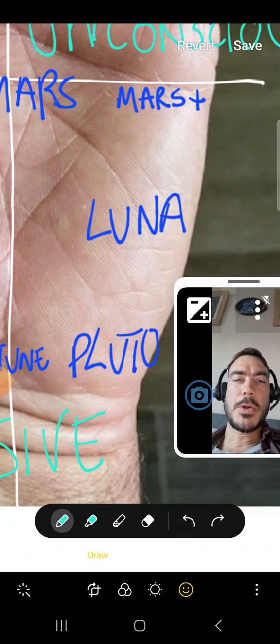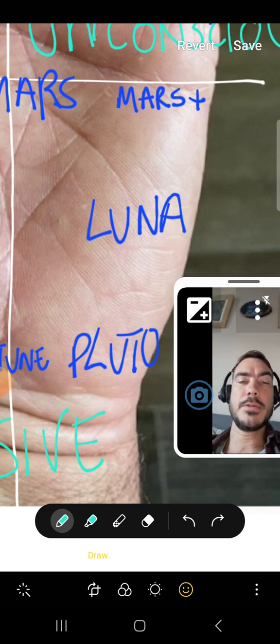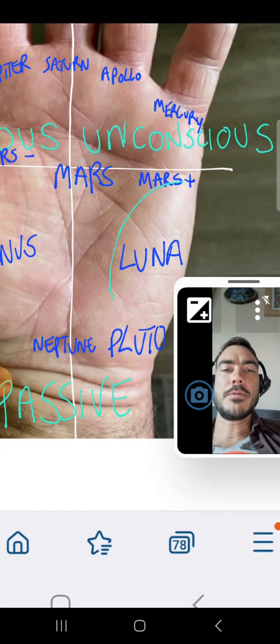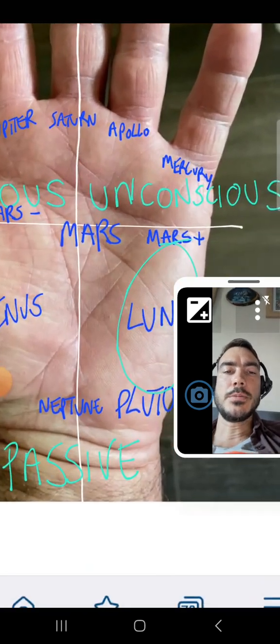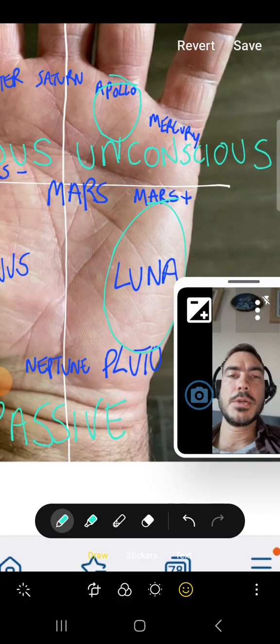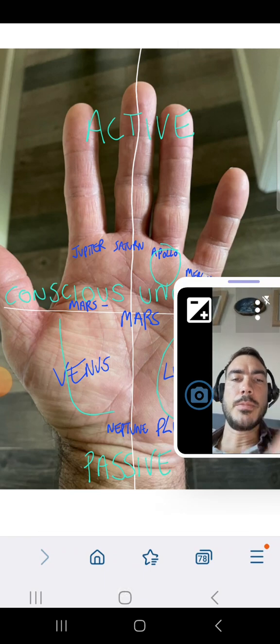So a person with a well-developed lunar mount is someone who is highly imaginative, creative, not necessarily artistic, but it does go hand in hand with having a well-developed lunar and a well-developed Apollo mount as well.